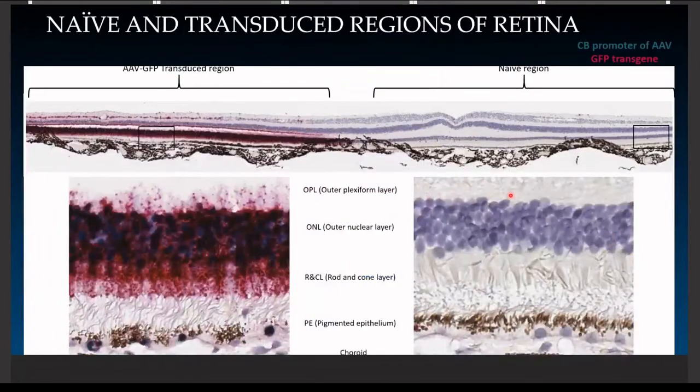So in this particular example, the idea was to show that RNAscope can be successfully used to understand, again, the biodistribution of the AAV therapy, visualize the presence of the transgene, and understand whether it's transducing the specific cells of interest within the tissue of your interest. And because of the specificity and sensitivity, we can not only track the viral vector, but also visualize the expression of the actual transgene.